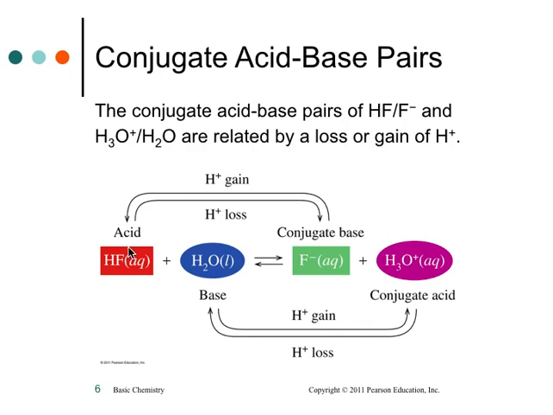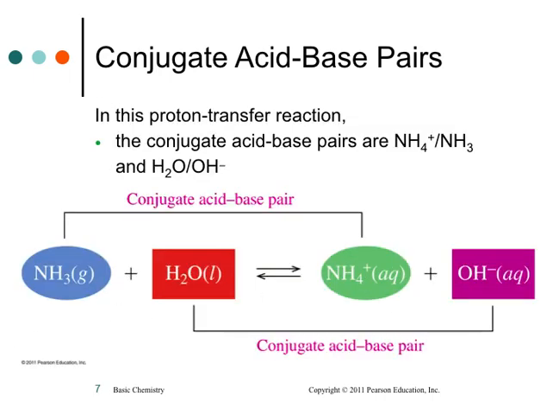The original acid, and then whatever's left over when it throws the ball. The original base, and whatever it becomes when it grabs the ball. Okay, that's an acid-base pair. And what's happening is it's a proton transfer. Okay, the conjugate acid-base pair is a transfer of a proton.